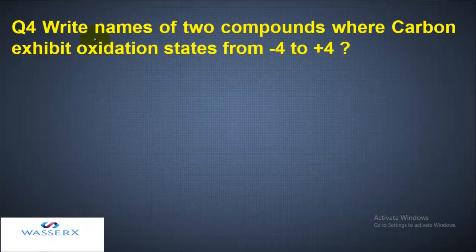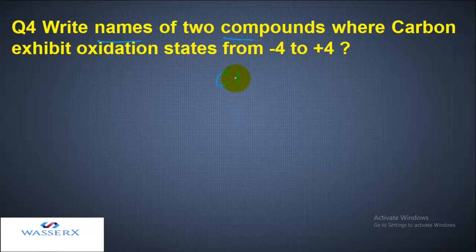Next question is, write the name of two compounds where carbon exhibits -4 and +4 oxidation state. So we need to write compounds of carbon exhibiting oxidation states ranging from -4 to +4.